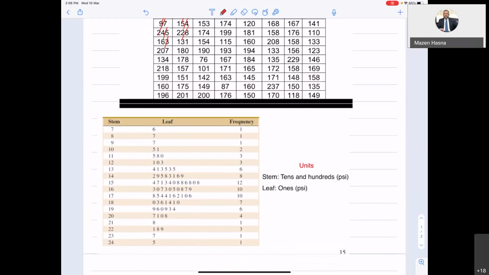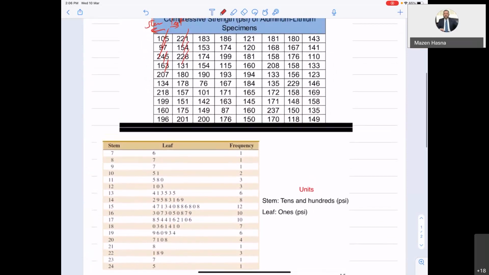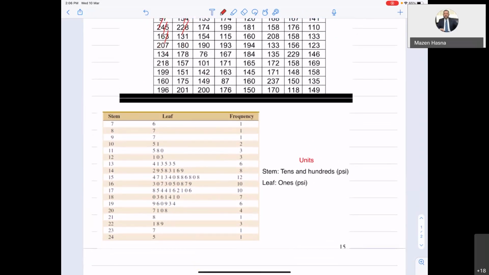And why is this better compared to the table? Why is this more informative than the table? Just looking at the table, you don't get anything about the data. However, if you look at the stem and leaf diagram, you can easily say that the minimum is 76, the maximum is 245, and probably the average is 155, 154, and so on. The data more or less look like normally distributed data.